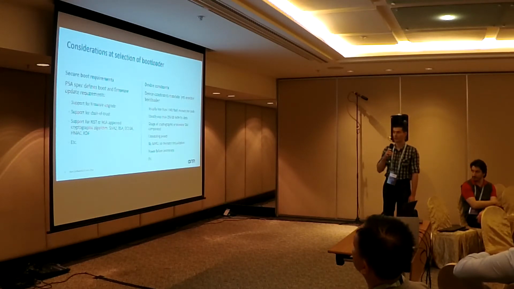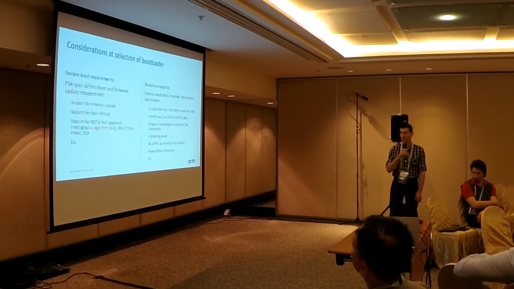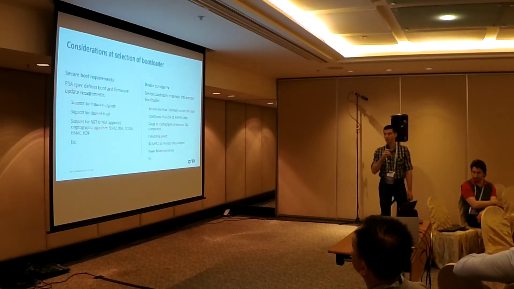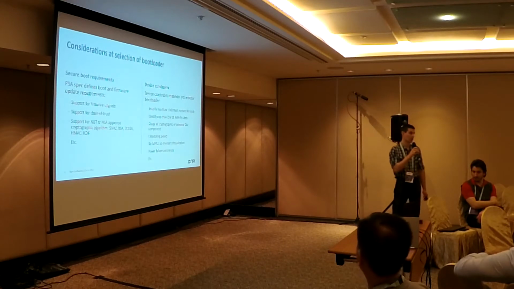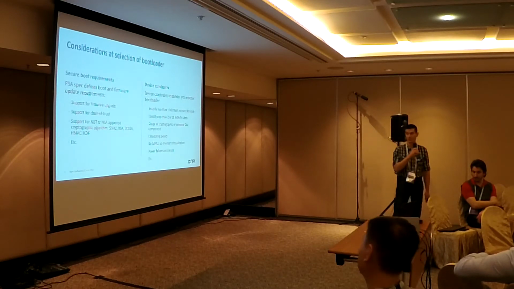On the left, there are the high-level requirements. You need to support software upgrade, because this is one of the most important aspects of being secure. If you have a security vulnerability in your software, you can fix it, but without software upgrade, you cannot deploy the fix on your device. You probably need to support chain of trust to ensure that only authenticated code runs on your system.